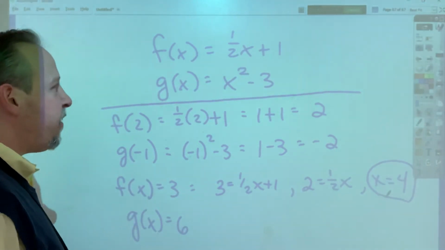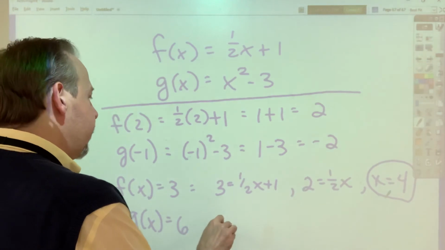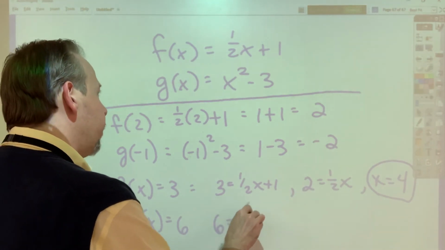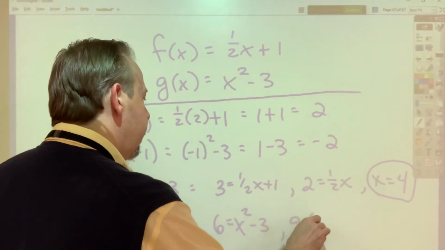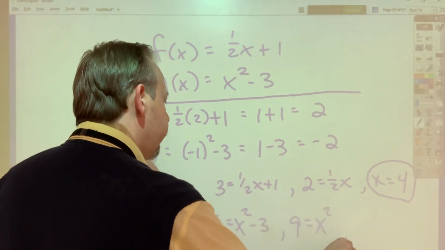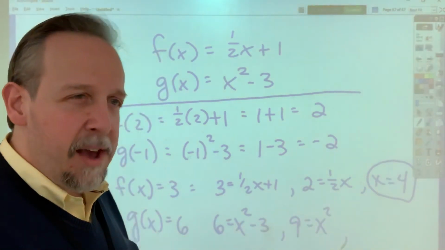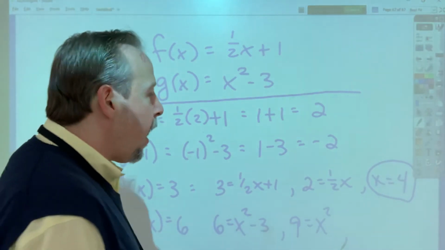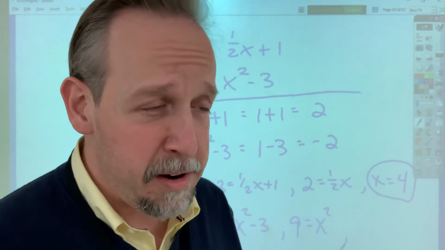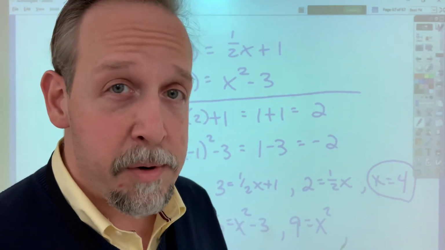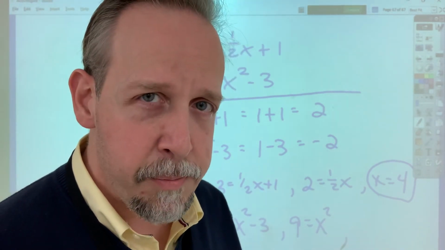Last one, g of x equals 6. So we'll say that 6 equals x squared minus 3. Going to add 3 to both sides. 9 equals x squared. I have to square root both sides to figure out this answer. Now, remember, when you take the square root of a number, there's actually 2 solutions.